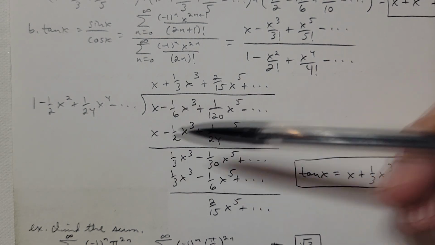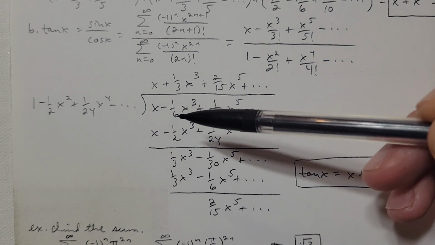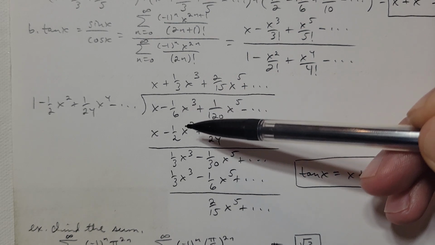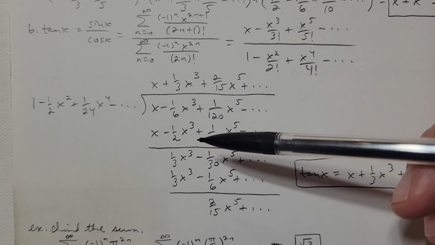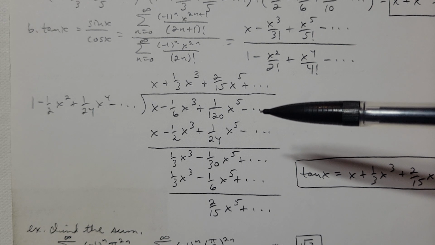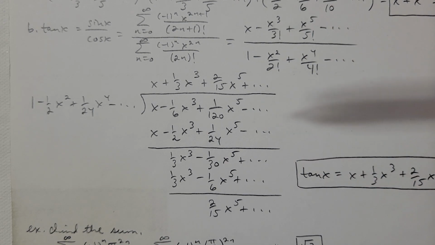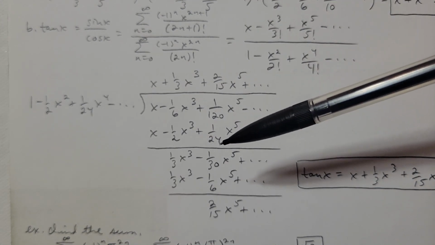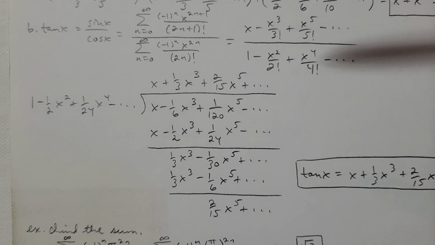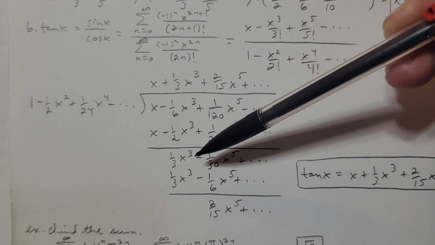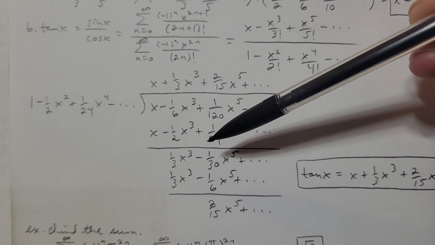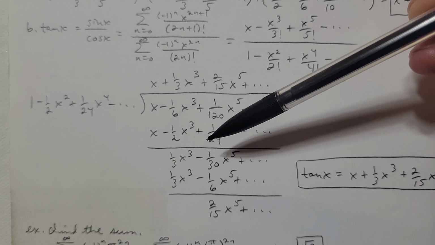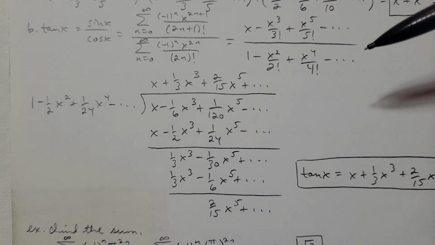x minus x is 0. Negative 1/6 x cubed plus 1/2 x cubed. Let's see, negative 1/6 plus 1/2. 1/2 is the same as 3 over 6. So I've got negative 1 over 6 plus 3 over 6, that'd be 2 over 6, which is the same as 1/3.